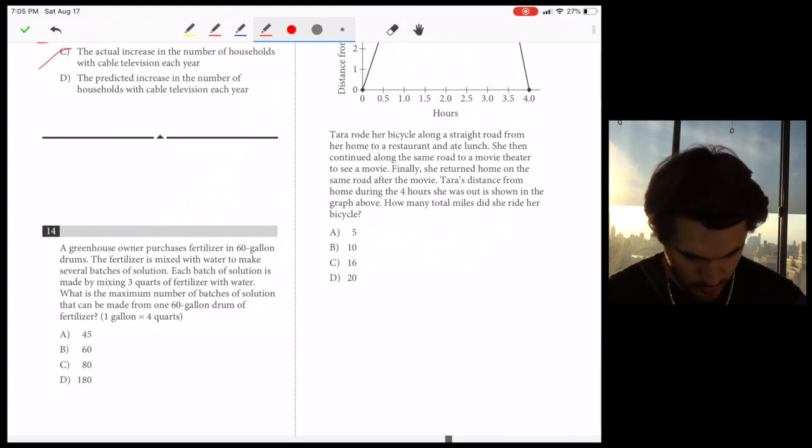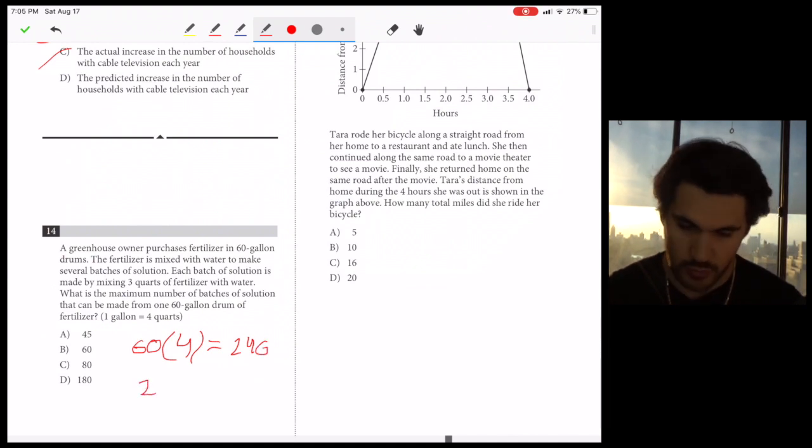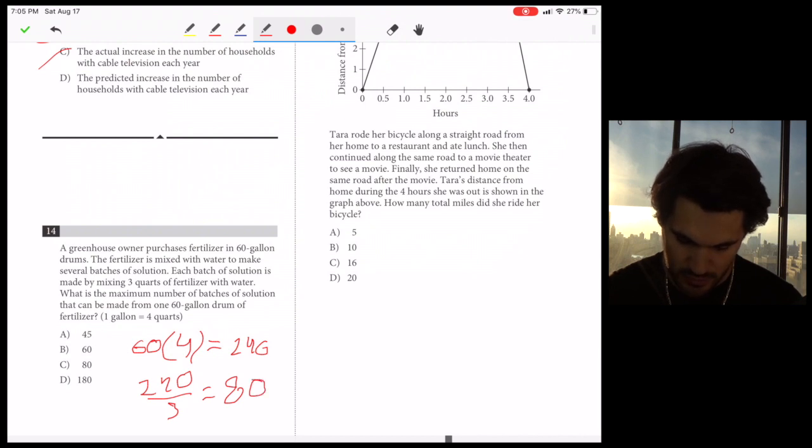So if 1 gallon is 4 quarts, what we can do is take 60, multiply by 4, which gets us 240. And then we're going to divide 240 by 3, because we have 3 quarts of the fertilizer that gets mixed with the water, which gets us 80 max number of batches.